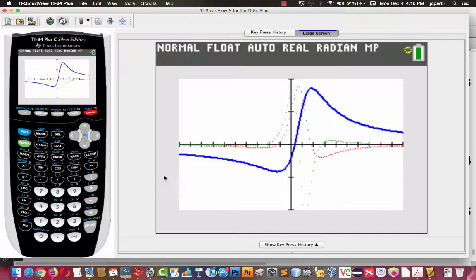Okay. Notice the first derivative achieves some kind of local max right here, and right below it, as the dots come down, they cross the x-axis right about here, right beneath that. So that makes perfect sense because the second derivative, being the derivative of the first derivative, should do the same kind of thing that the first derivative does with respect to the original function.